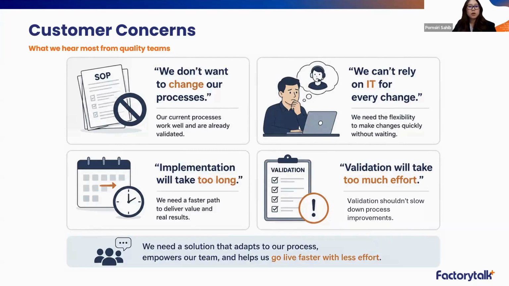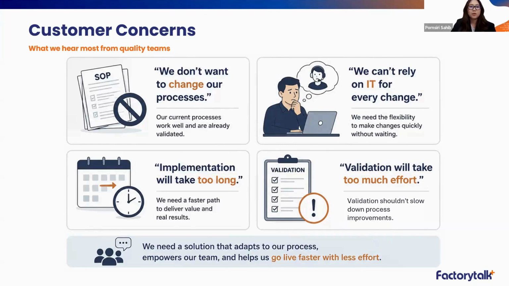The third concern is implementation will take too long. Many organizations assume that digitizing quality processes means months of configuration, testing, and deployment before the user can see any value. That can delay improvement initiatives and reduce confidence in the project.